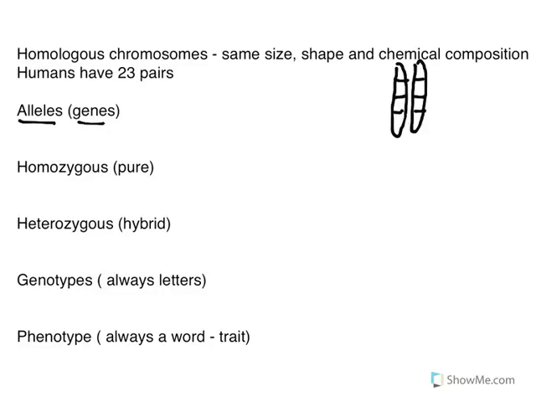For example, in humans, eye color can be determined by an allele that we will represent with a capital B, and that's going to represent the color brown, or an allele that's going to be represented by a lowercase b, and that's going to represent the color blue.